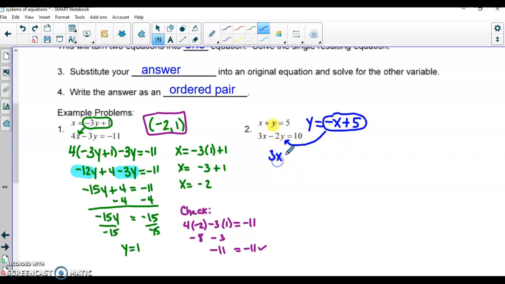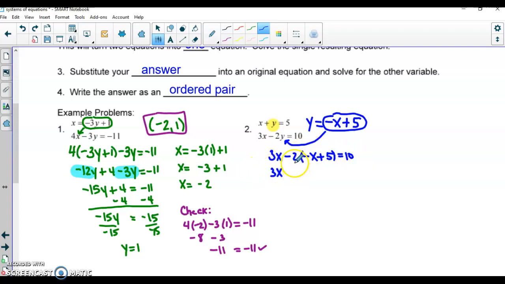So I will have 3x minus 2, and in place of y, we are replacing it with negative x plus 5, equals 10. Now we have one equation in terms of one variable. Now we need to solve that equation.